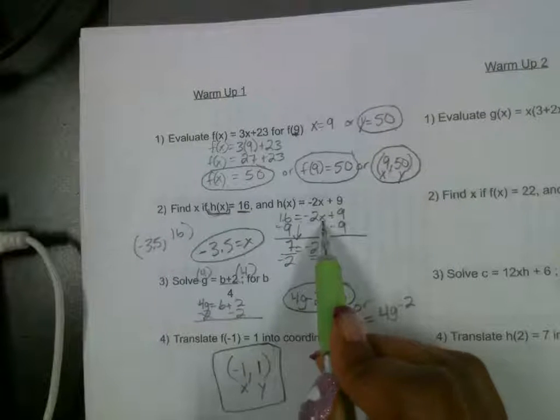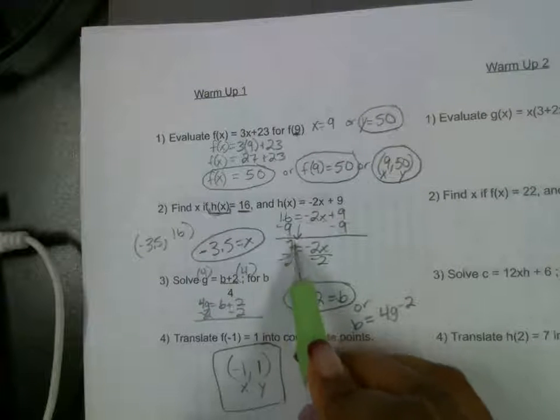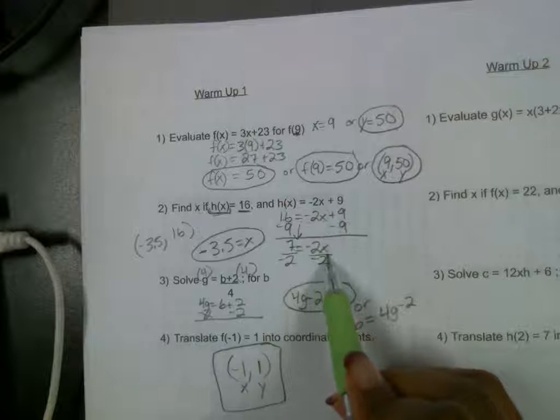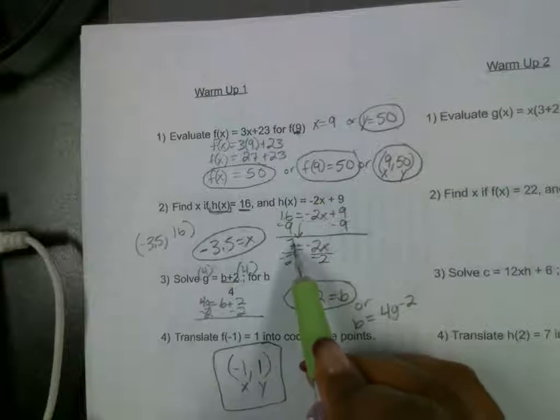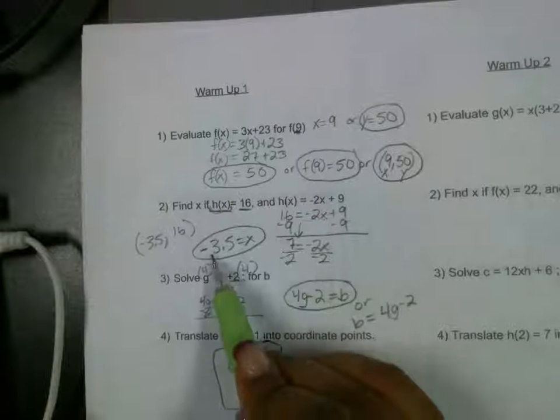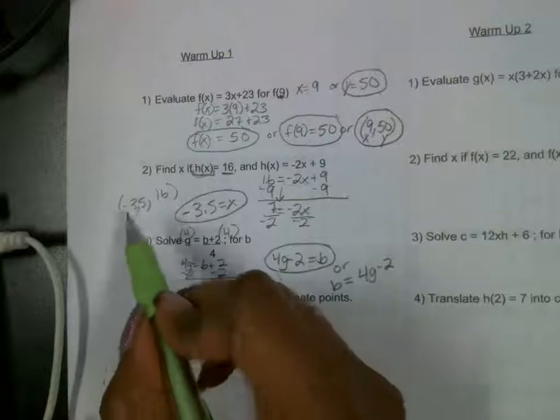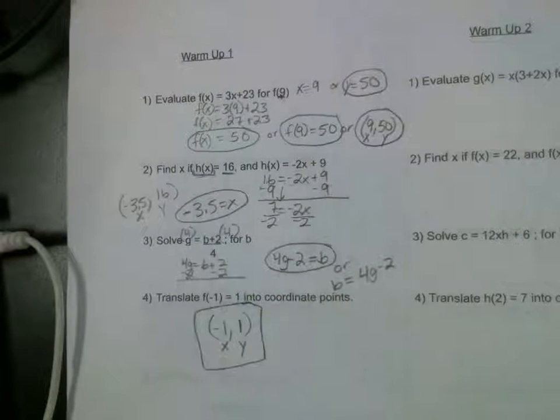To solve for x, you're going to subtract 9 on both sides. 16 minus 9 is 7. You're going to bring down the negative 2x, divide both sides by negative 2. 7 divided by negative 2 is negative 3.5. You can write it as an ordered pair, or you can write it just as x is equal to negative 3.5.